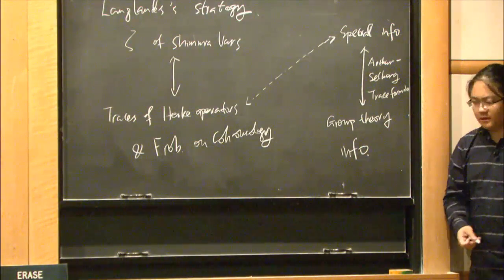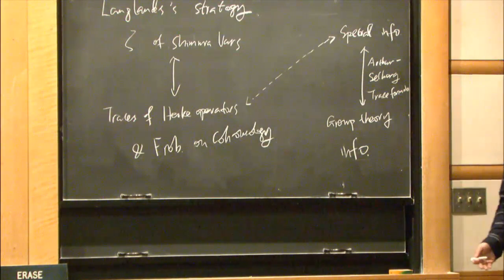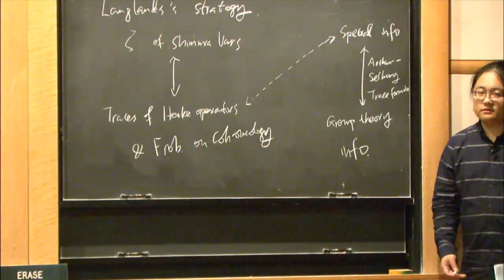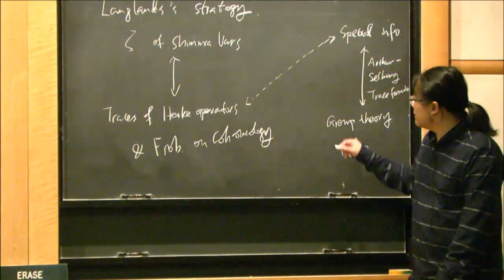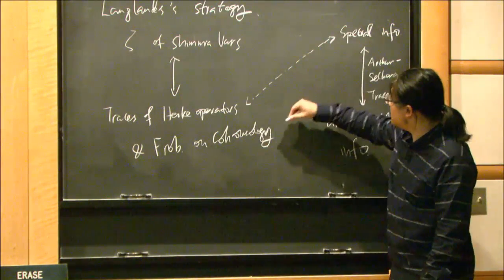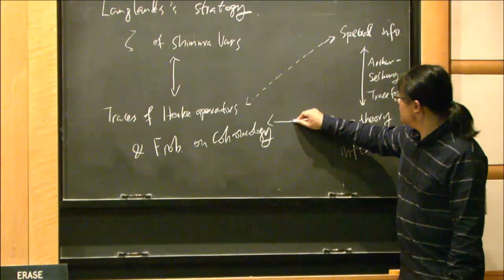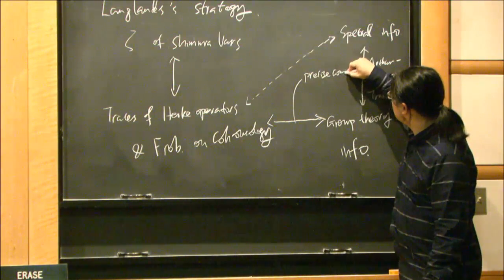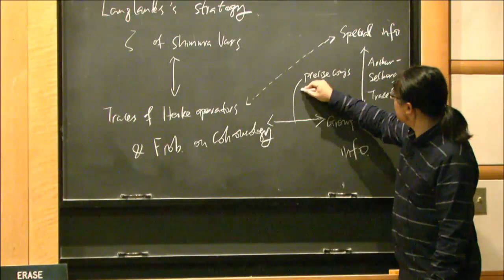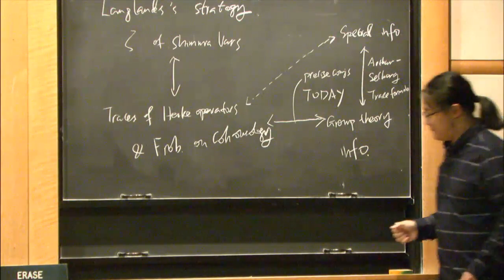By group theoretical information, I mean the geometry of reductive groups, so conjugacy classes inside them and stable conjugacy classes inside them, and integrating test functions on these orbits. And then to establish such an arrow, we try to establish a relation here. Here we can formulate precise conjectures and results, and it will be the topic today. Okay?